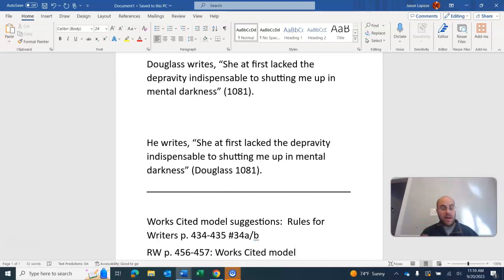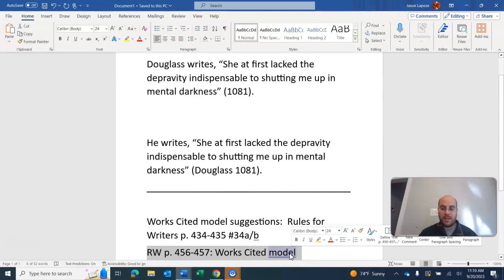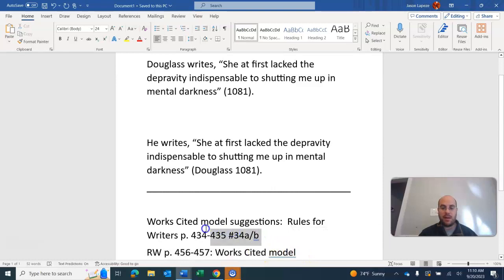That is a works cited model that you can use for how to set it up. Where do you put works cited on the page? How do you indent, and how do you space throughout the page? So this is the model of how to format your works cited page. And then here are the model suggestions for the two readings.